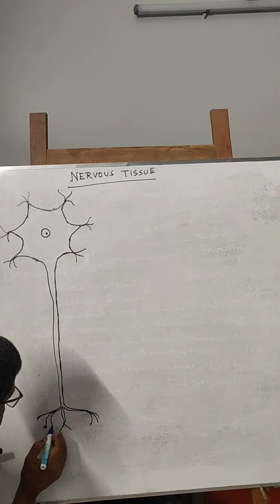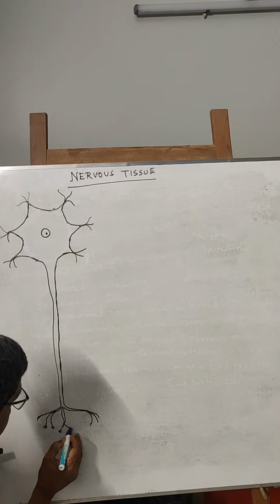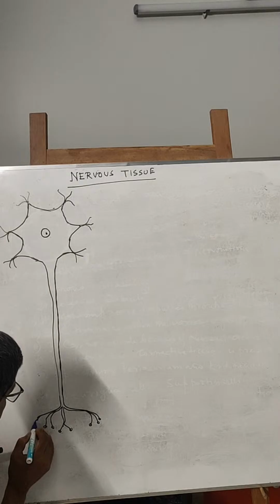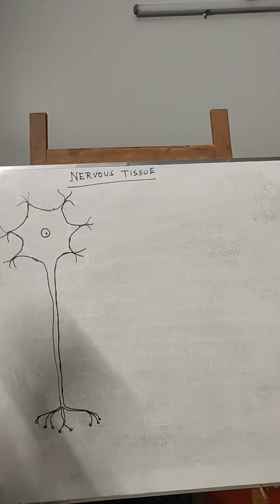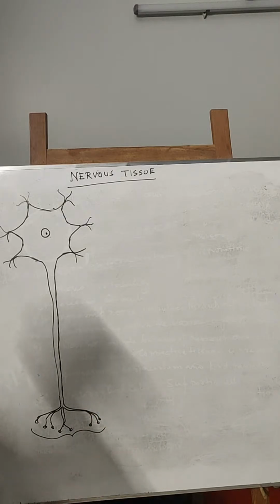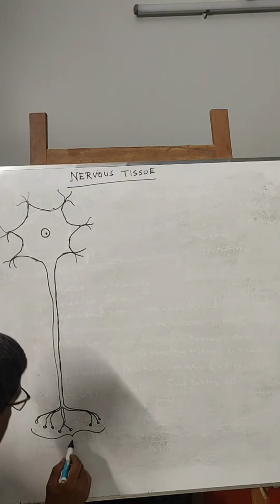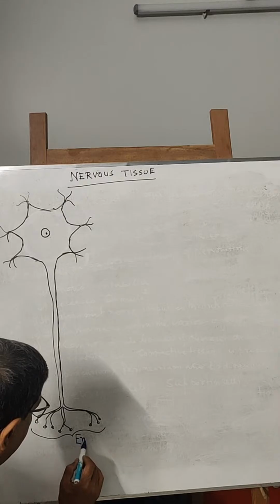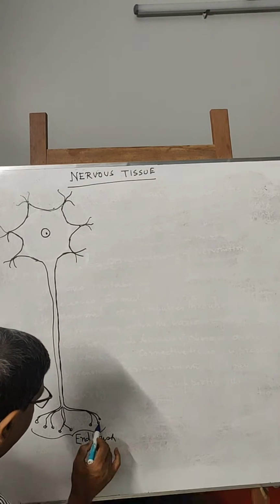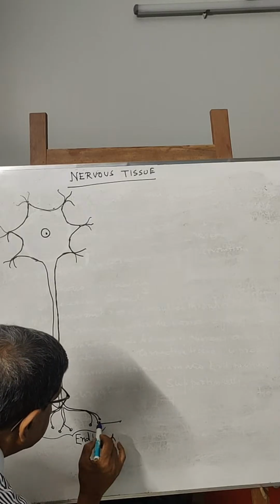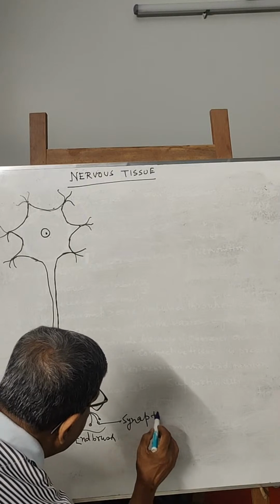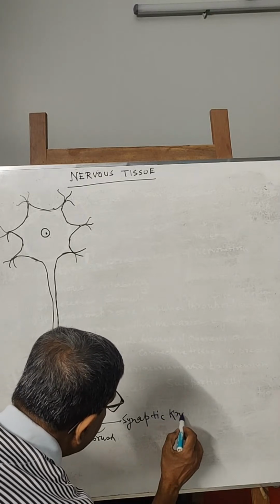The terminal part of each branch is knob-like, which is called synaptic knob. Totally this is called the end brush.